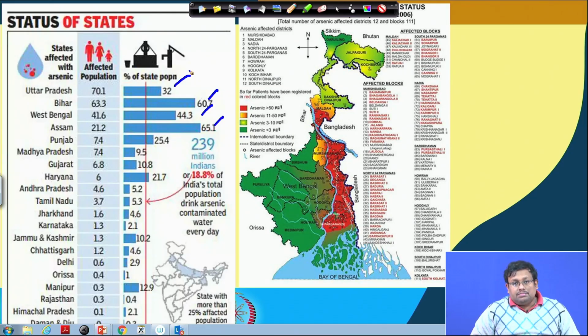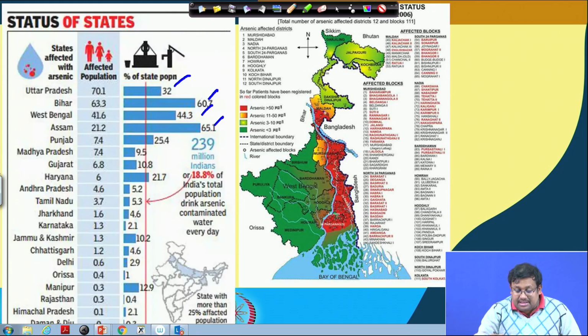These are the areas worst affected by groundwater arsenic pollution, and this map shows the arsenic contamination status of West Bengal, which is one of the worst impacted areas of groundwater arsenic contamination.